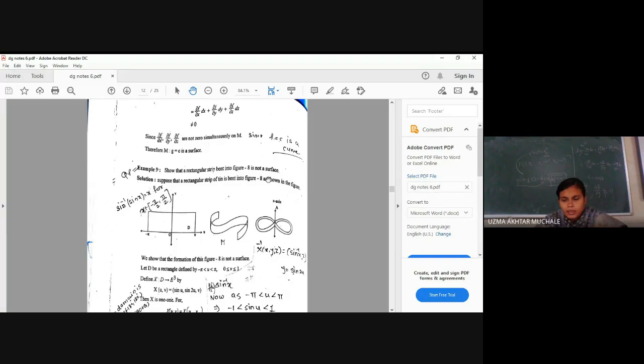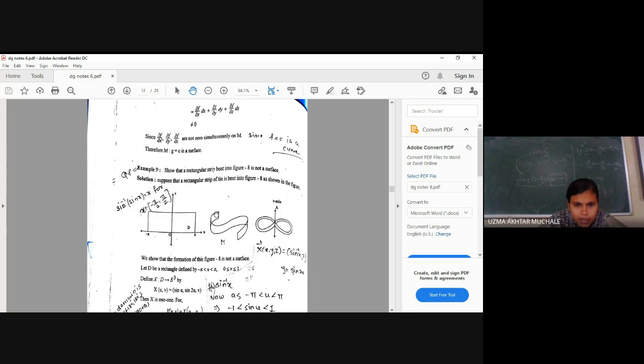Suppose you assume that this is a rectangular strip. Now we have to put this in the form of a figure 8. You can see here how we have put this in the form of a figure 8.